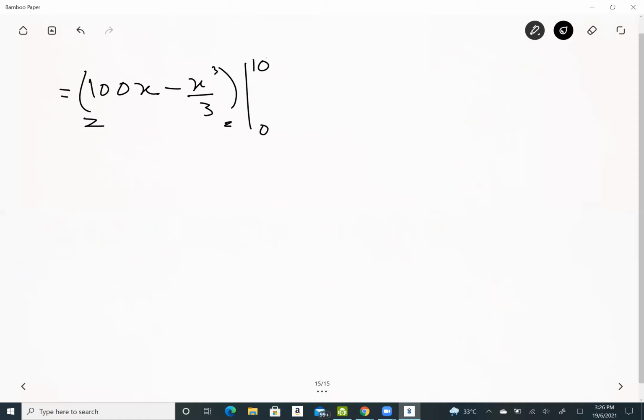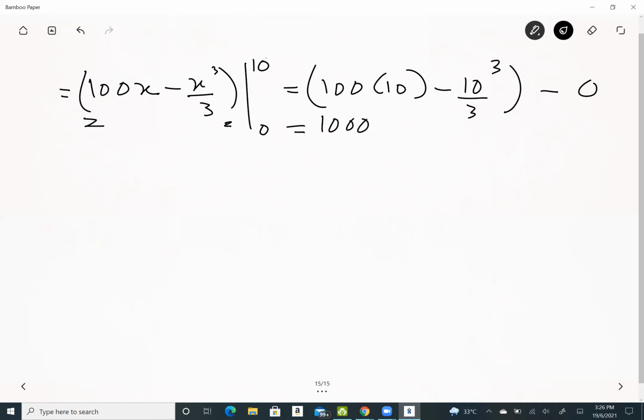All right, and then you substitute. Then I'll get 100 multiplied by 10 minus 10 cubed over 3. Again here you put the bracket, minus 0. Everything is 0, then 0. So if you work it out, that will be equal to 1000 minus 333.33, that equals 666.67.